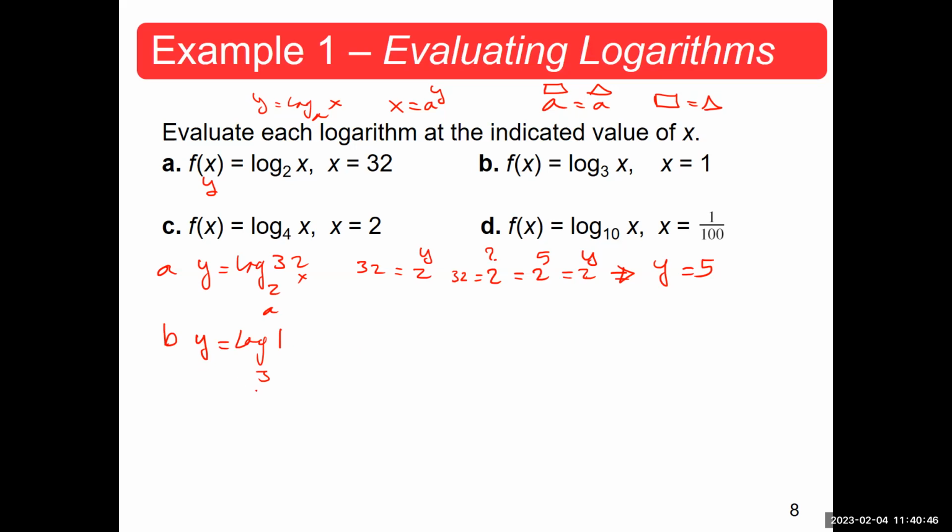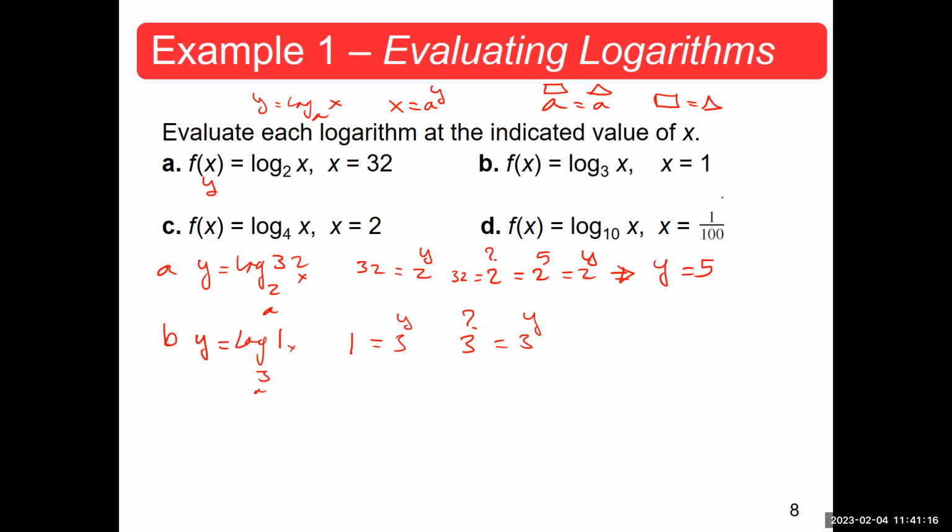This is Y, this is A, and this is X. So we're going to say 1, the X, equal A, which is 3, to power Y. Oh, this seems hard. Remember, I have to convert this one to 3 to power something equal 3 to power Y. But 3 to power something should be equal to 1. What is this question mark for this to equal 1?